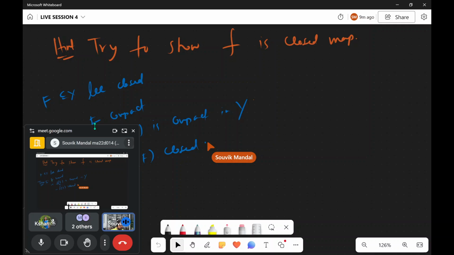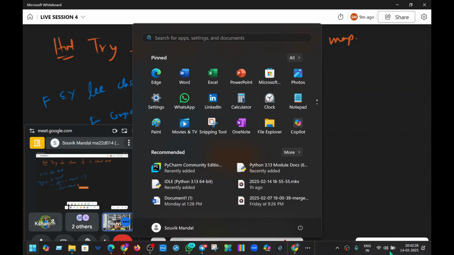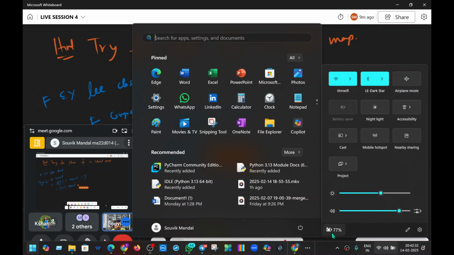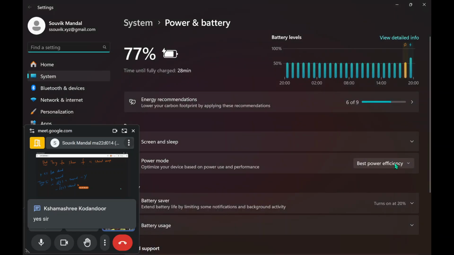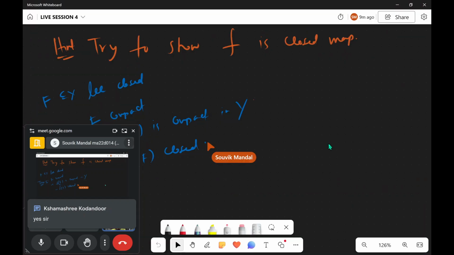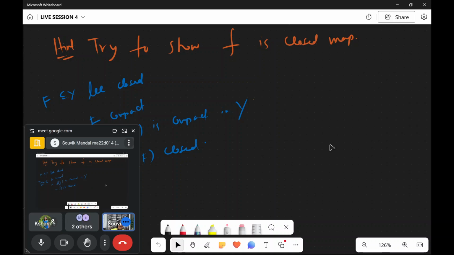Do you know the fact that a product of compact spaces is compact? Okay, so I'm not going to do that. So now tell me, do you know anything about the finite intersection property?